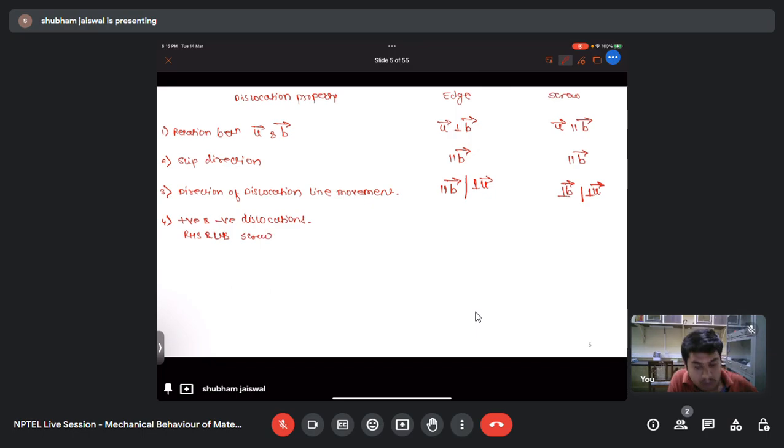The edge dislocations are not physically distinct, meaning depending on the sign convention, the positive and negative edge dislocation changes. But in the screw dislocation, it is physically distinct. It will always be the right hand screw and it will always remain the left hand screw.